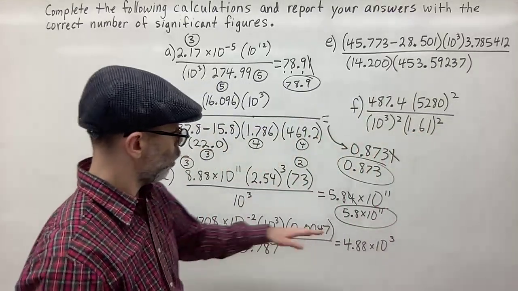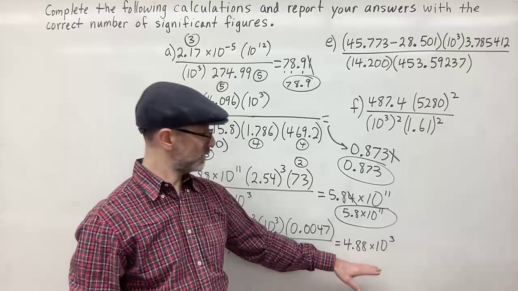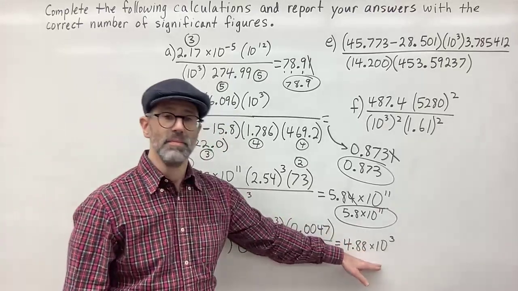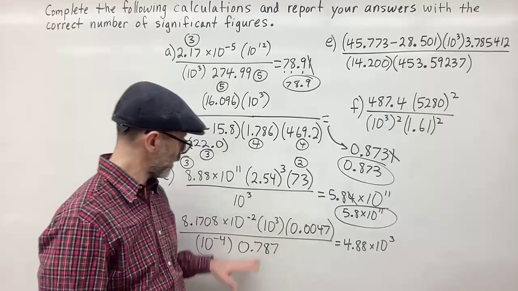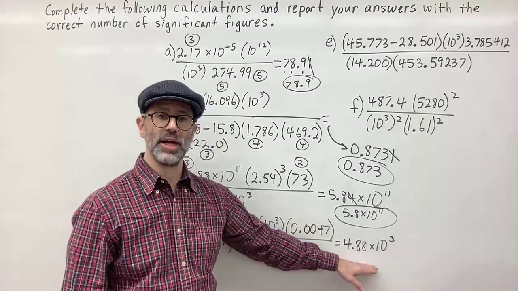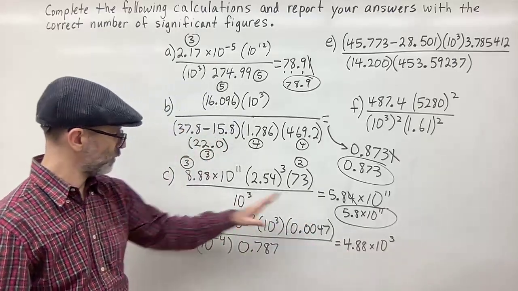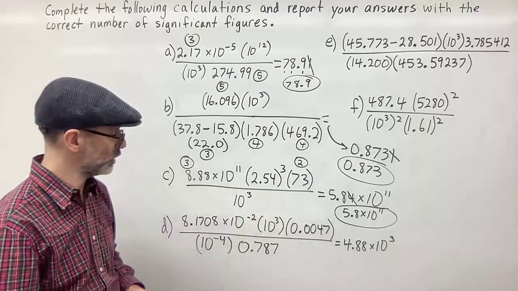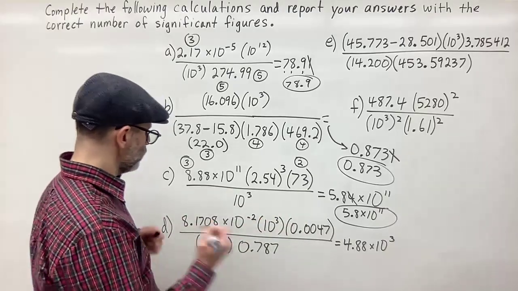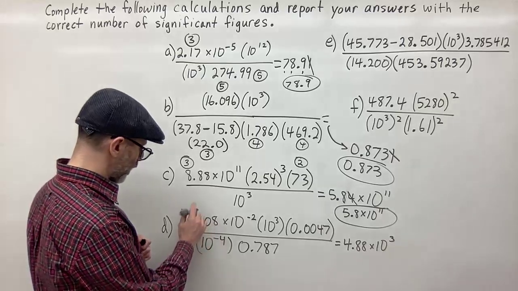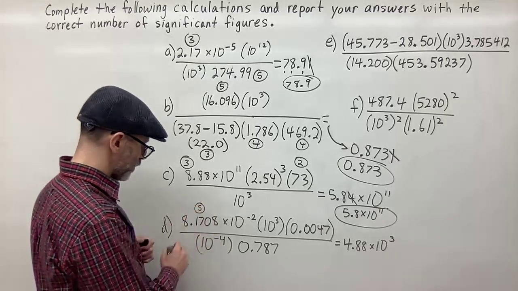Okay, so once again, I have to figure out how many sig figs I'm allowed to keep. So remember, when you're multiplying and dividing, the rule is that your answer should have the same number of sig figs as the least number of sig figs in the measurements you are multiplying and dividing. So if we count here, 1, 2, 3, 4, 5, that has 5 sig figs.